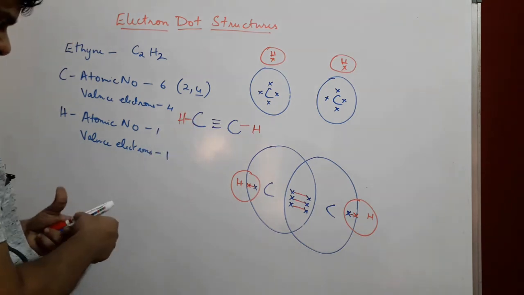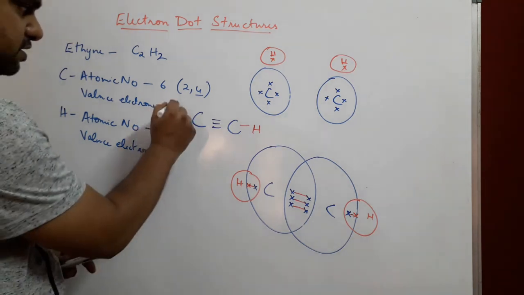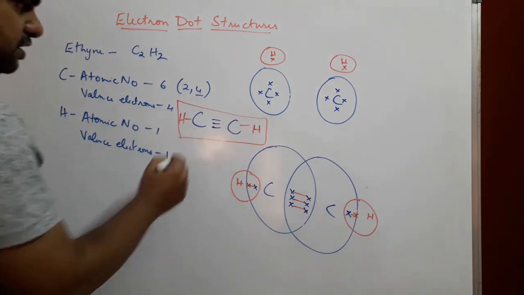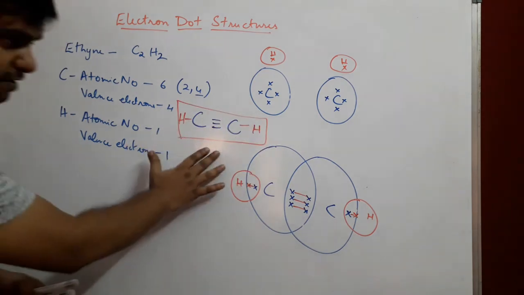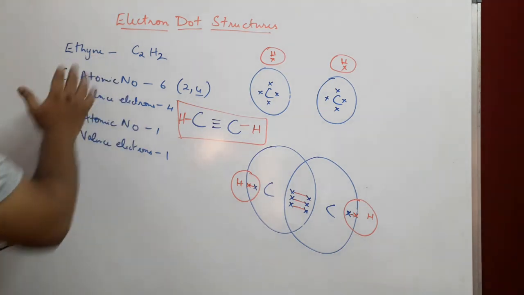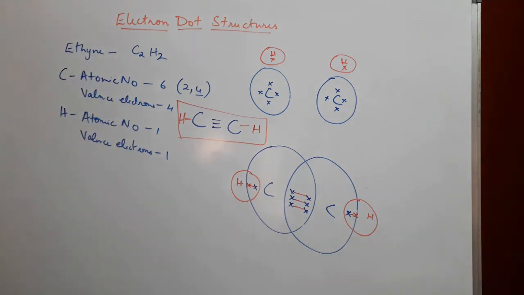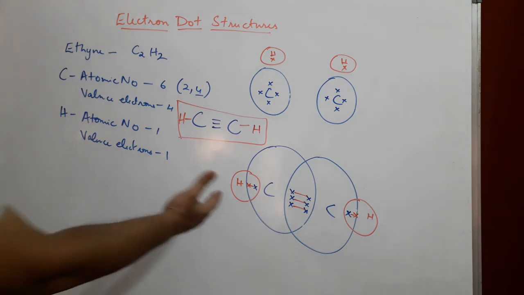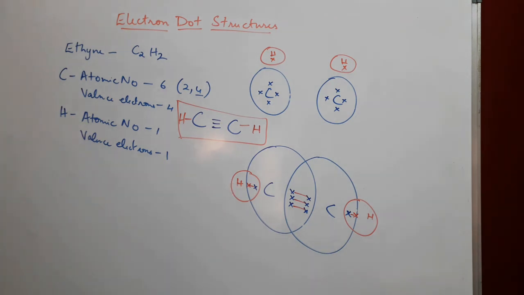This is ethyne, sorry, not ethene. Ethene is with a double bond. So in this video we have seen the electron dot structure of three hydrocarbons: ethane, ethene, and ethyne. Ethane with a single covalent bond, ethene with a double covalent bond, and ethyne that we see in front is with a triple covalent bond.